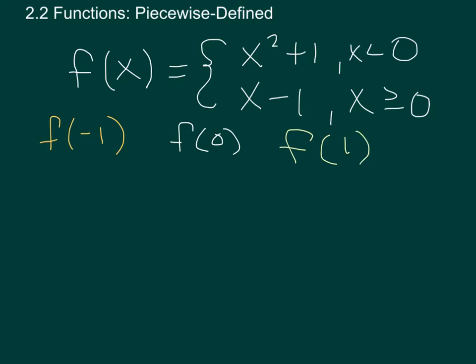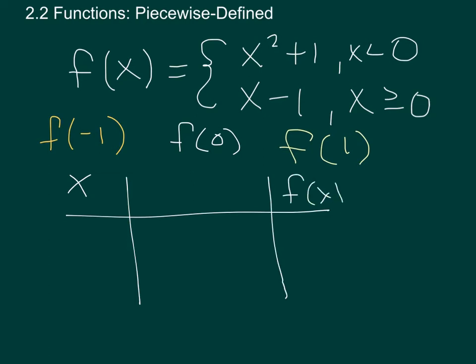Okay, so I am just going to create a chart that helps me organize my input values and my output values. So my input is my x. The function that I'm using is going to go in this middle column here, and then my output is the last column.